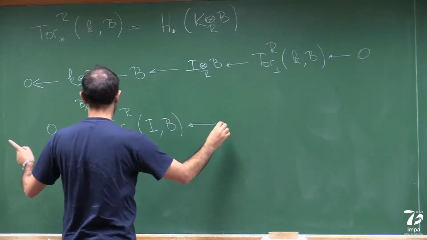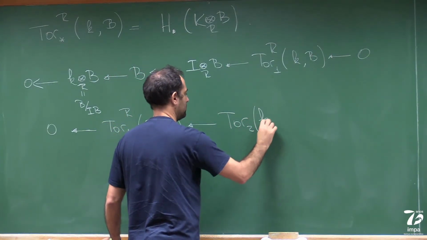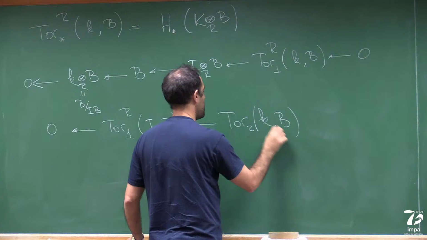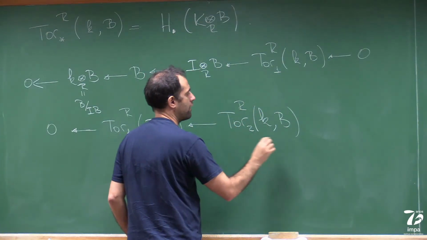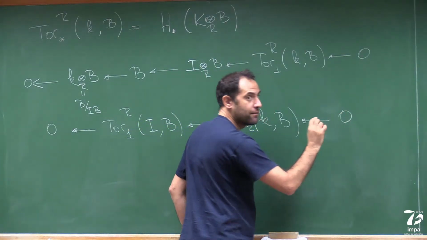And now I have Tor 2 of R, B. This is over R. And Tor 2 of R, B is 0 again, because R is free.